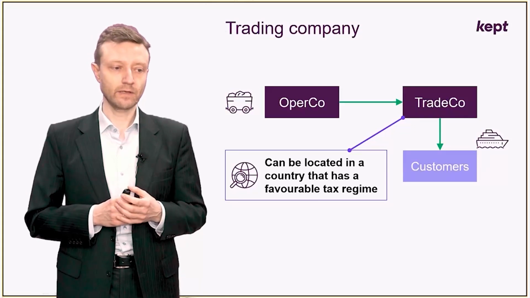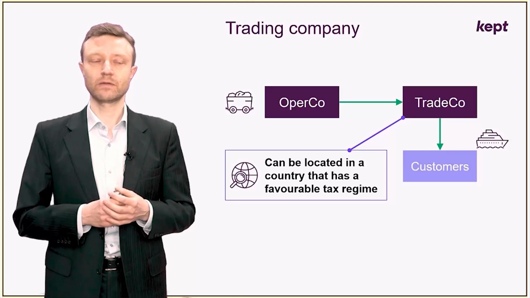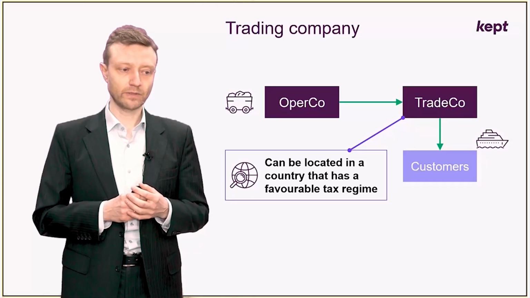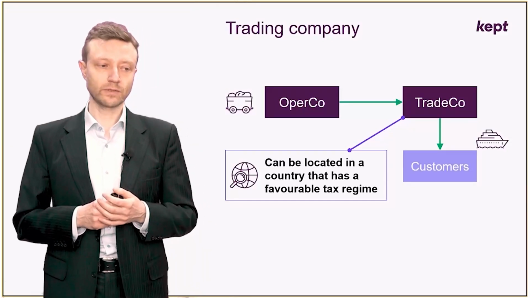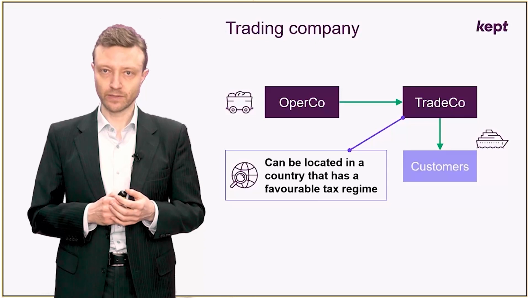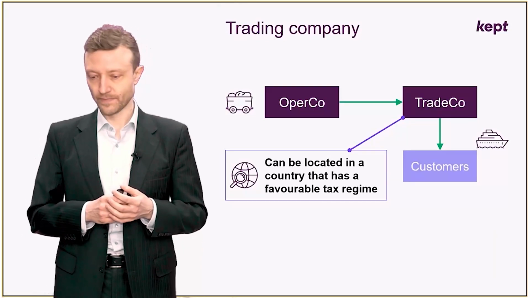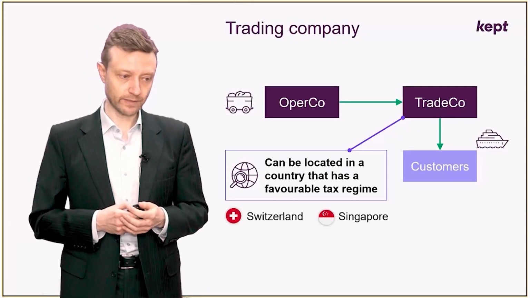And these profits, depending on the location and the tax regime that this trading company relies upon, can be taxed at lower rates. Overall, it's not uncommon to establish trading companies in countries where either the tax rate is low or there are special tax regimes available for trading companies.